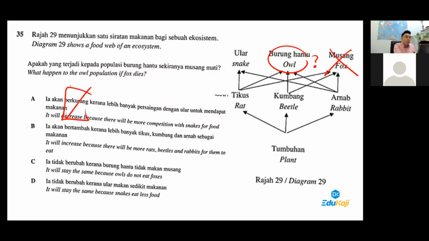Owl decrease straight away, wrong. Because got more food for the owl, it will increase. 35, you should get B. Stay the same is definitely wrong. If that place got more food, definitely got more predators. 35 B.